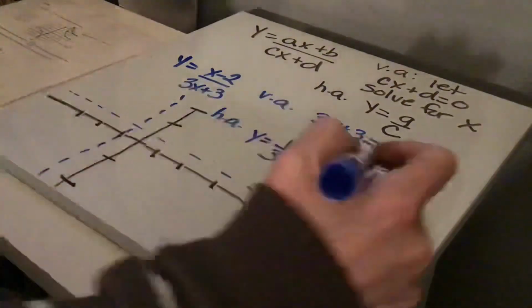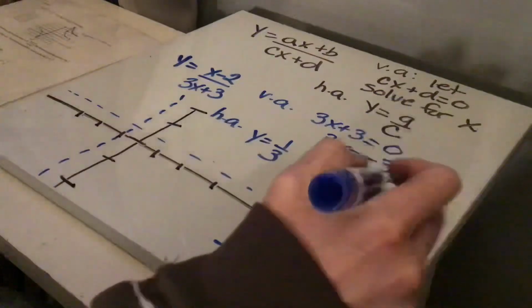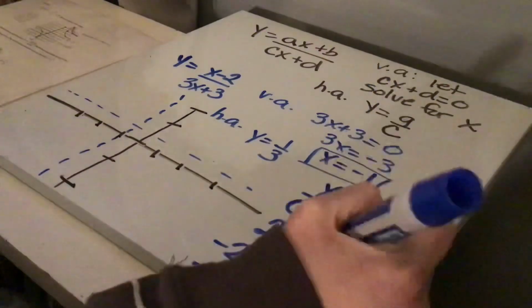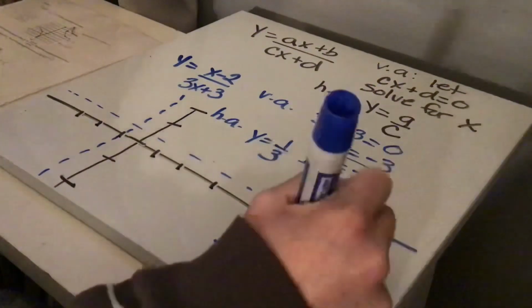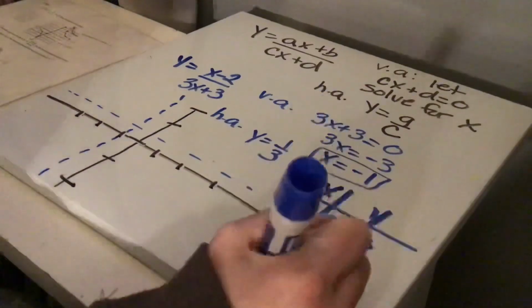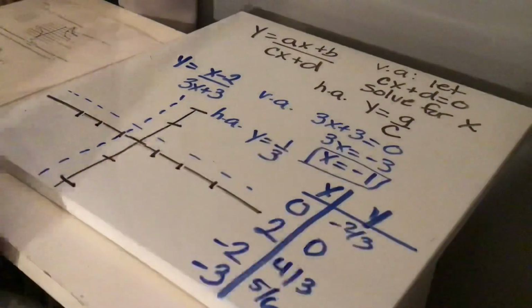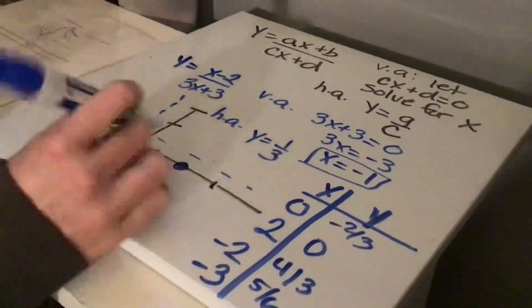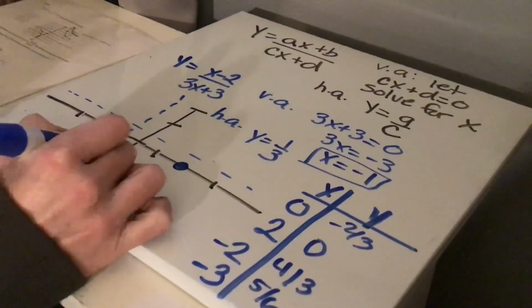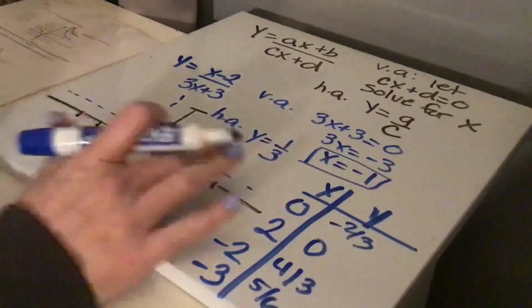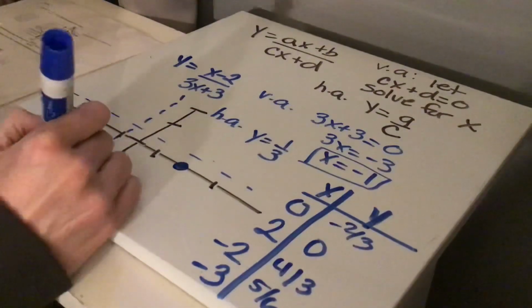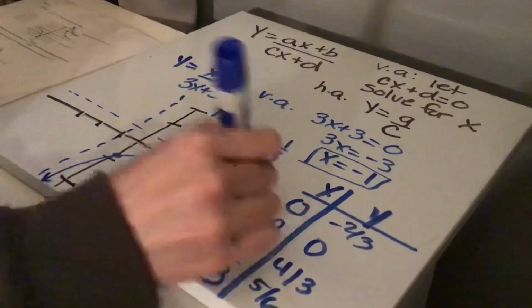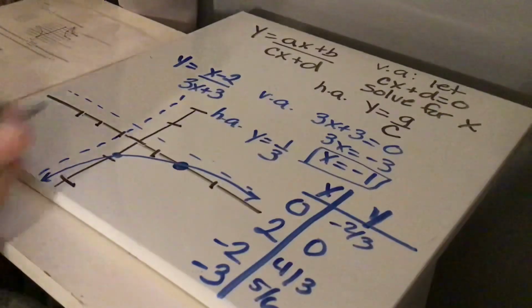Plugging them in, I get negative 2/3, 0, 4/3, and 5/6. So 0, negative 2/3 is here. So that means this branch goes down this way, getting closer to our asymptotes.